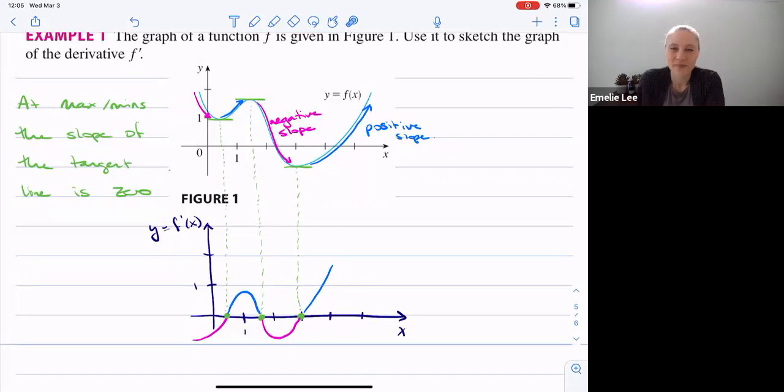So, okay, those can be kind of tricky, right? But remembering that at the maximums and minimums, the derivative is 0, that'll be your starting point, and then figure out the negative and the positive slope, and then just translate those into the graph.